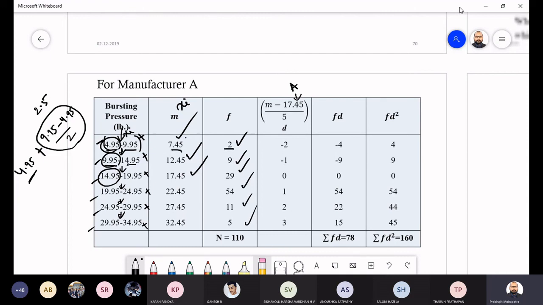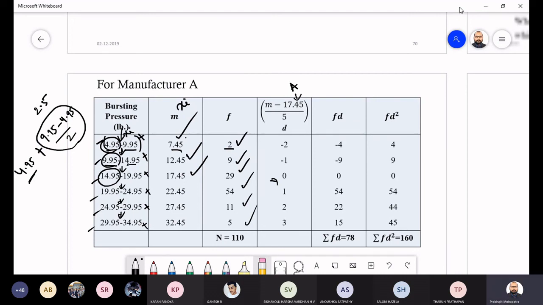Both methods are okay. You can consider any value as the assumed mean. Take one value from here so that you will have one value as 0, and the calculation will be a little bit simplified. Whichever method you are comfortable with, you can follow that one.